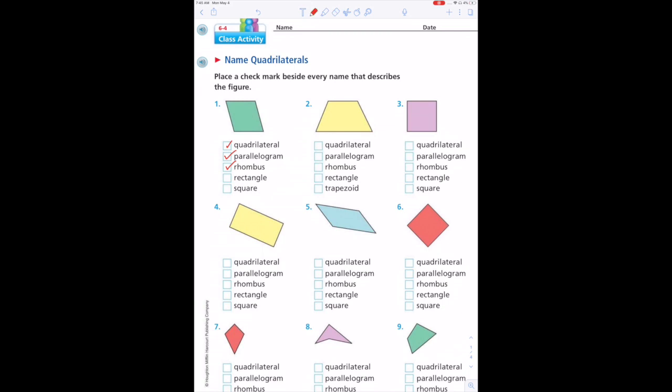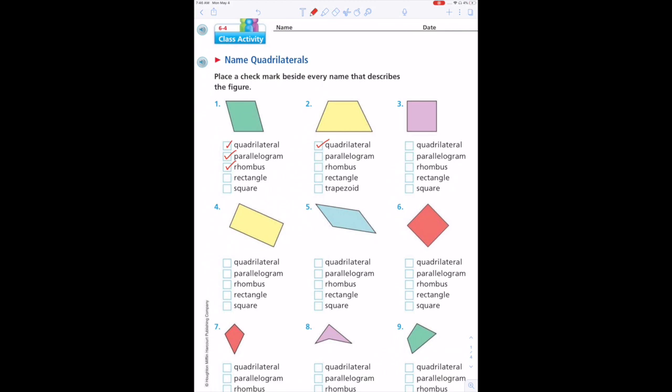Okay, what did you come up with? So we have 4 sides that enclose. So this is a quadrilateral. We have this line and this line that are parallel. But if we look at this line and this line, they're not parallel because if they keep going, they're going to meet right here. So it's not a parallelogram.